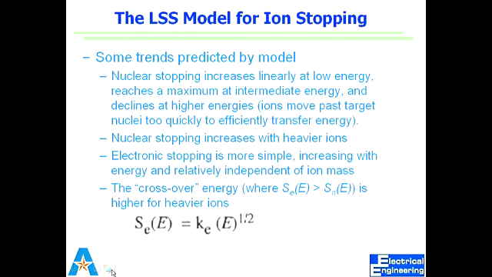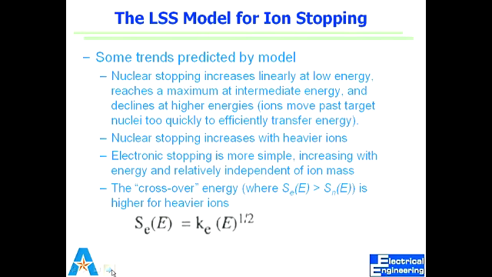Ions move past target nuclei too quickly before they can transfer energy. But nuclear stopping increases with heavier ions. So depending on what kind of ion we are using, nuclear stopping will become more dominant.